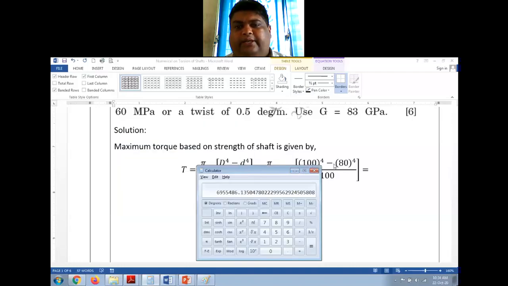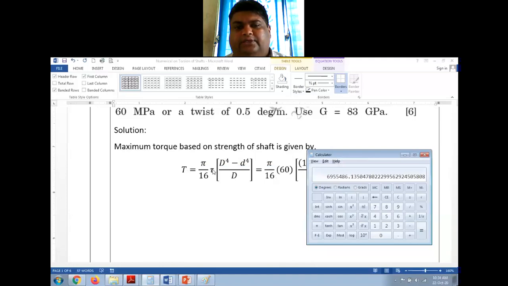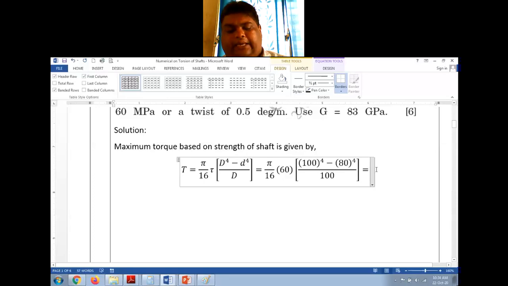So I have put D in mm, right? And shear stress is in megapascal, that is Newton per millimeter square. So the torque that we have got here is in Newton mm.